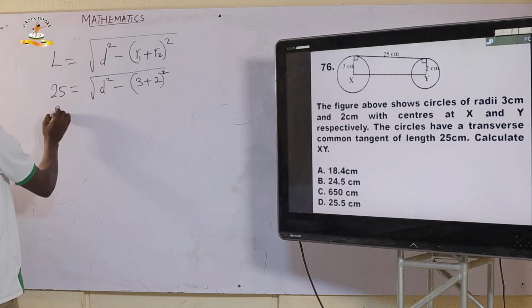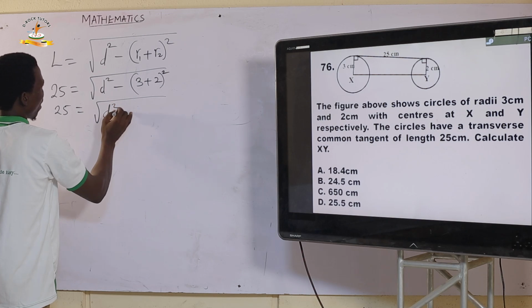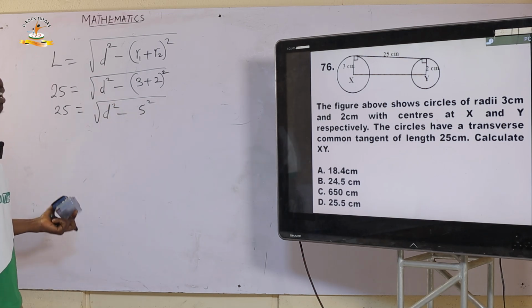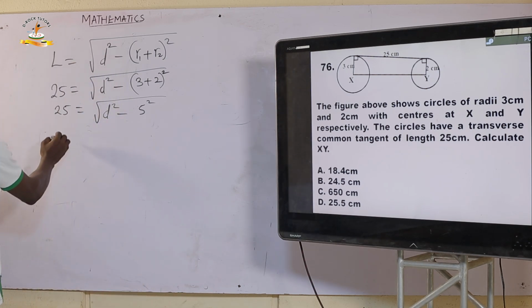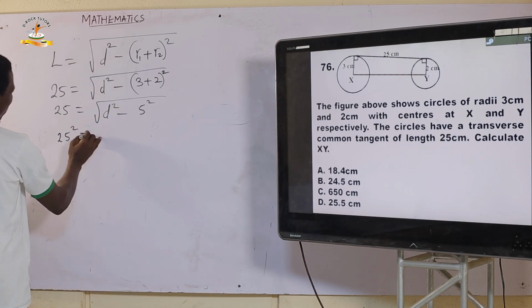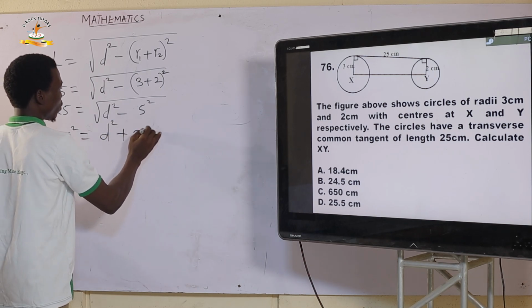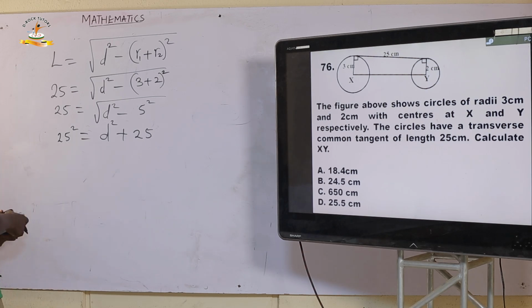So 25 equals the square root of D squared minus 5 squared. To cancel the square root, we square both sides, and that is going to be 25 all squared equals D squared plus 25, because 5 squared is 25, and 25 squared is 625.